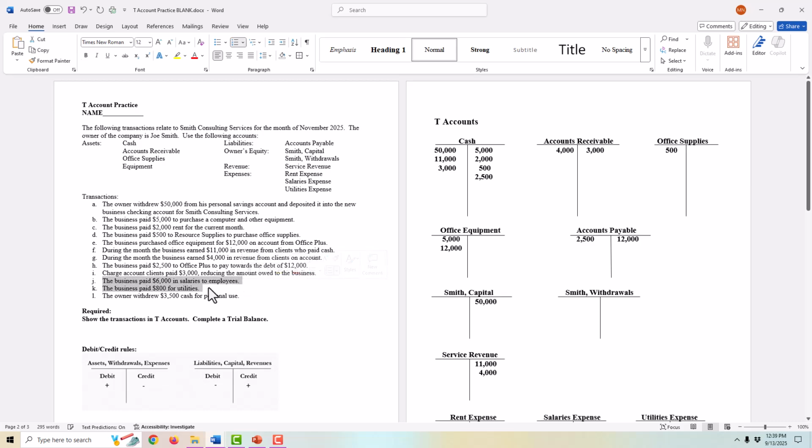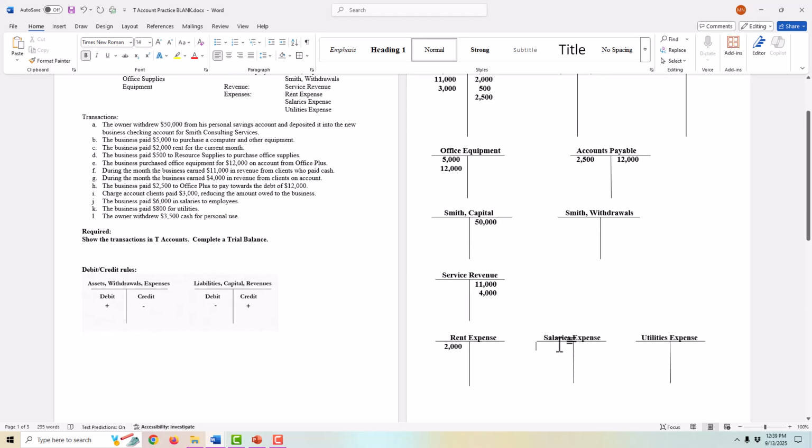For the next two situations, they are simply paying expenses. First, the business paid $6,000 in salaries to employees. That's going to add to salaries expense. Remember, for expenses, we're adding to the expense account to get totals.